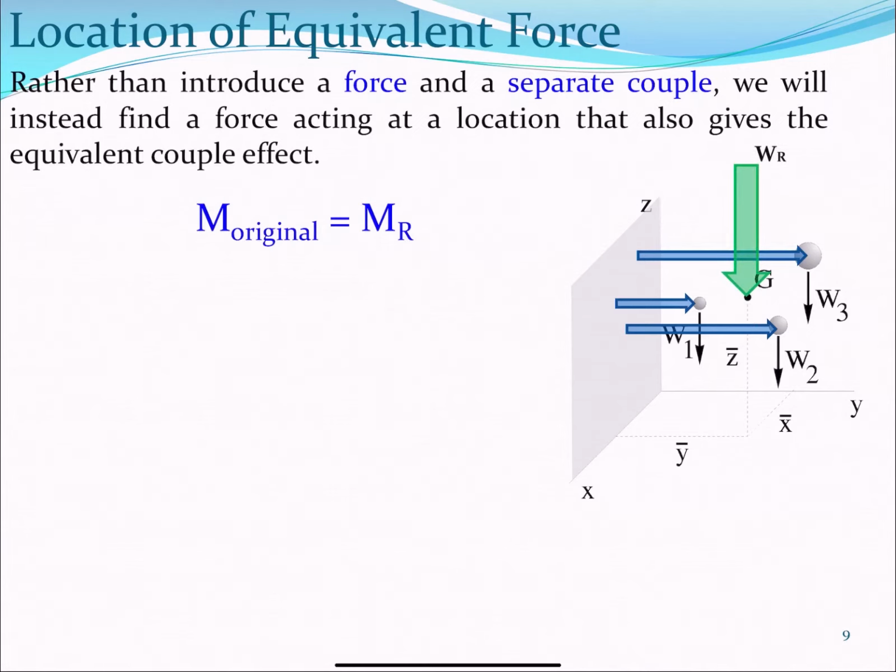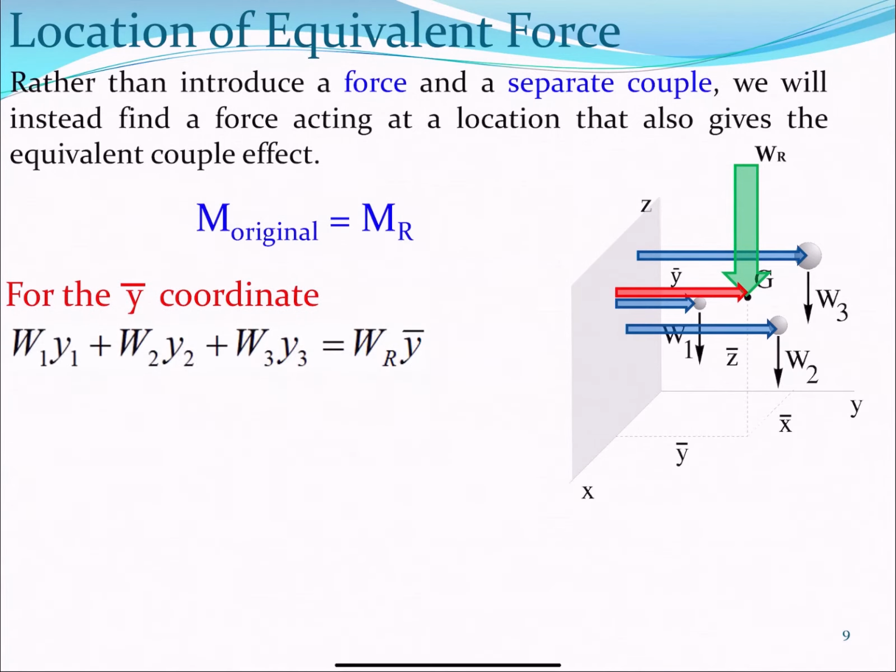And then we have that resultant force with a moment arm, which we don't know yet. We call it y bar, the one in red. The challenge is to find it, or to calculate it. We are helped by the fact that we can establish the same equation for moments. So here are the moments of the 3 particles, and this is the moment of the resultant force.